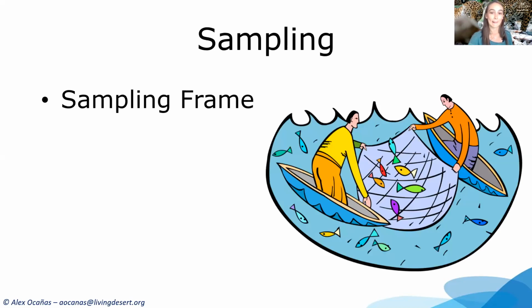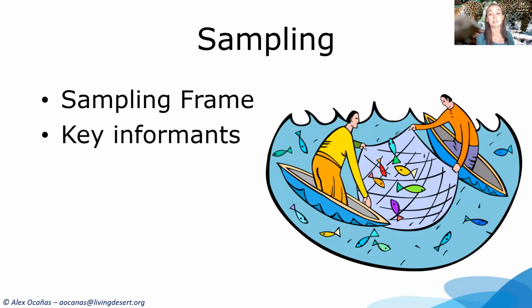So again, when we sample, as always, we want to first identify our sampling frame, which is just a section of your target population from where your sample can be drawn. And then once we have this, we want to identify our key informants.